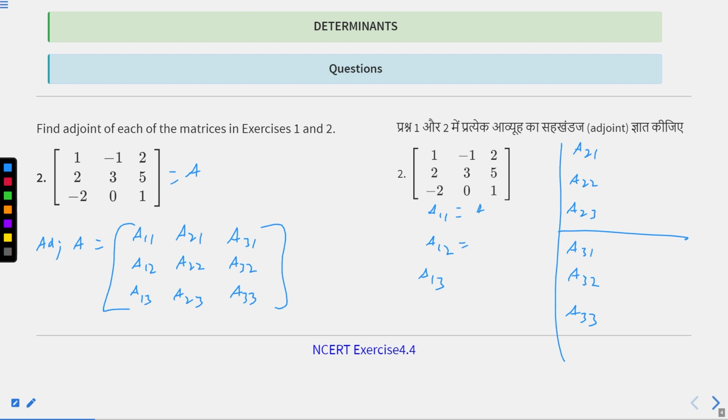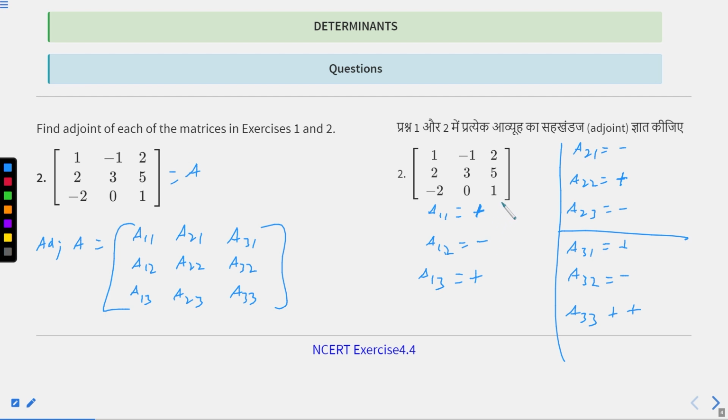So first of all, let us give the signs: odd, minus; even, plus. How do we say odd and even? You just have to add these. 1 plus 1 is 2, 1 plus 2 is 3, 1 plus 3 is 4, 2 plus 1 is 3 means minus. If you find even, put plus. If you find odd, put minus. Even, odd, even.